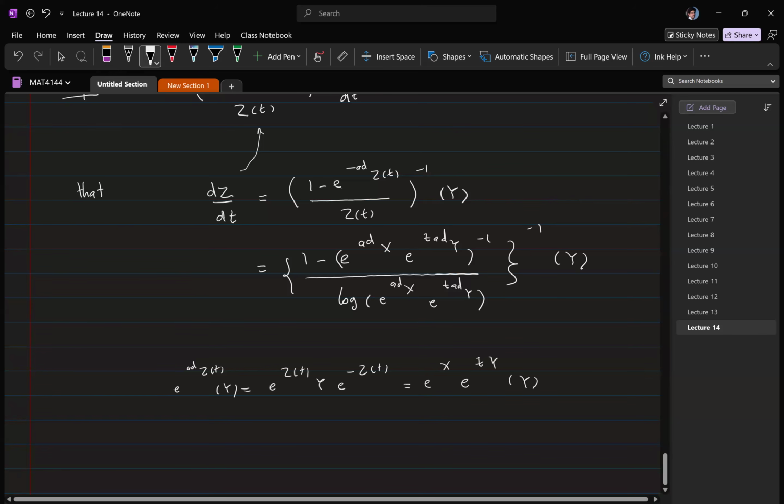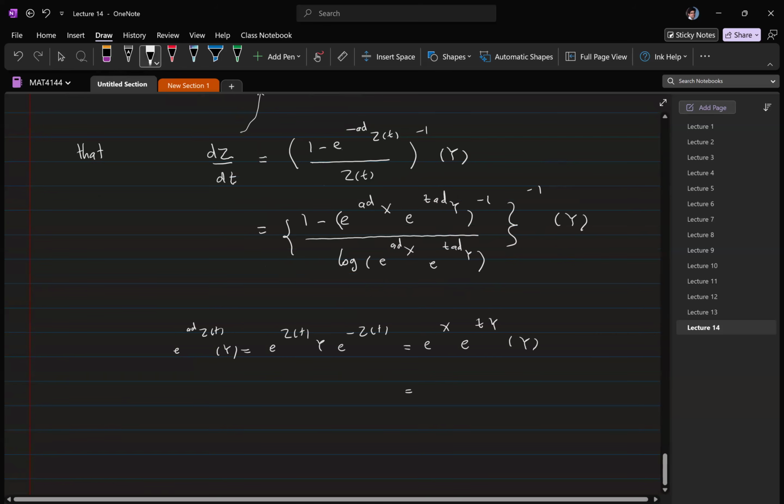Right. Okay. And so now you can think about this as conjugation by this. So this is conjugation, e to the minus ty e to the minus x, which is really e to the ad x e to the t ad y applied to y.